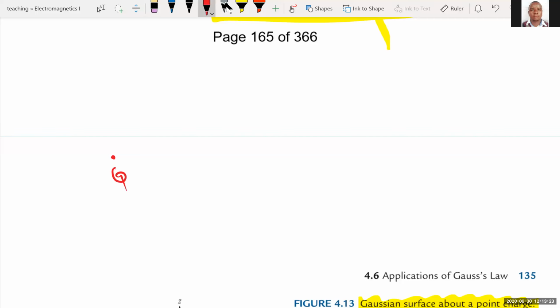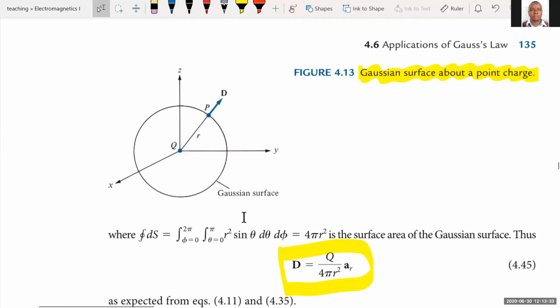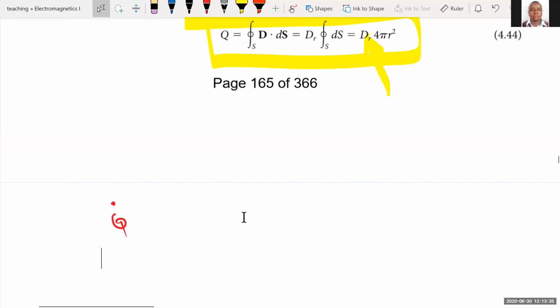If you wanted to find the electric flux density due to Q, we need to find a surface, a Gaussian surface, because we said D is dependent on the surface of observation.